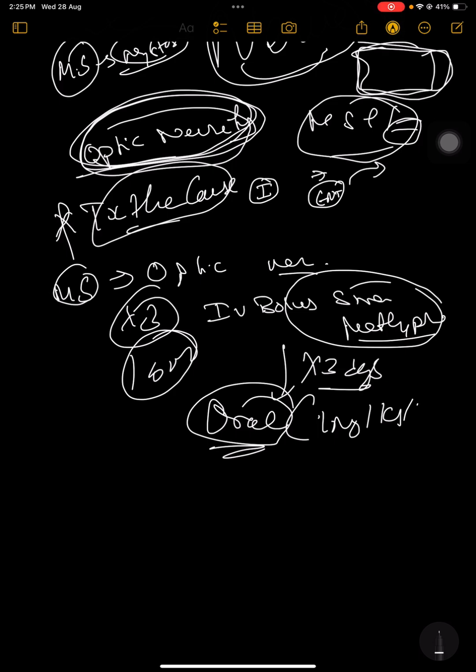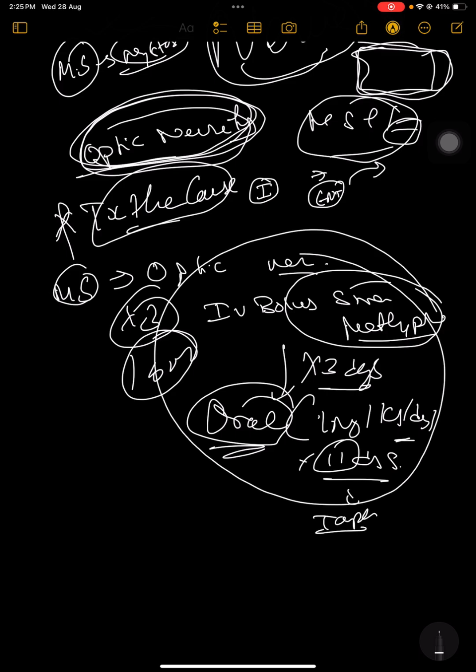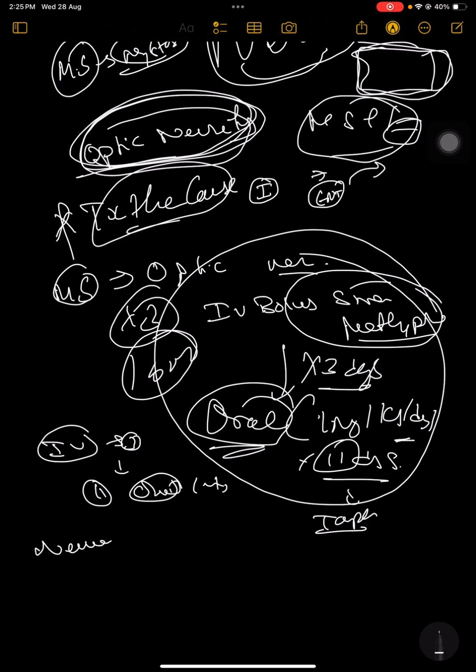In oral, you'll prescribe 1 mg per kg body weight per day, and give it for 11 days. Then you taper. If it's a case of steroid resistance, what did I say? IV bolus for 3 days, then for 11 days you'll give oral steroids at 1 milligram per kg body weight.